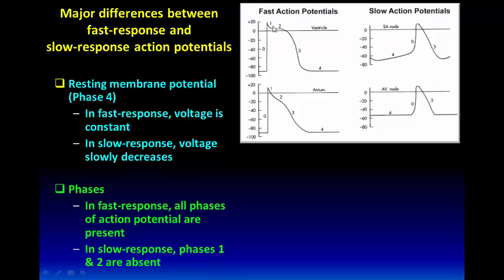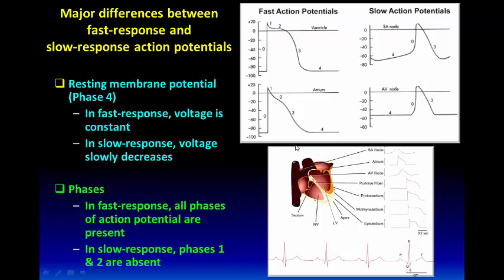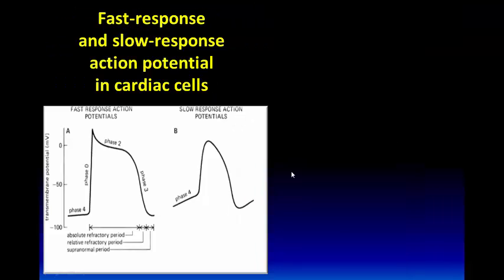In fast action potentials, we have all phases: the rapid depolarization, phase 0, phase 1, 2, 3, and 4. Whereas in the slow action potentials, phases 1 and 2 are absent. So these are the action potentials which are recorded from the different parts of the heart.